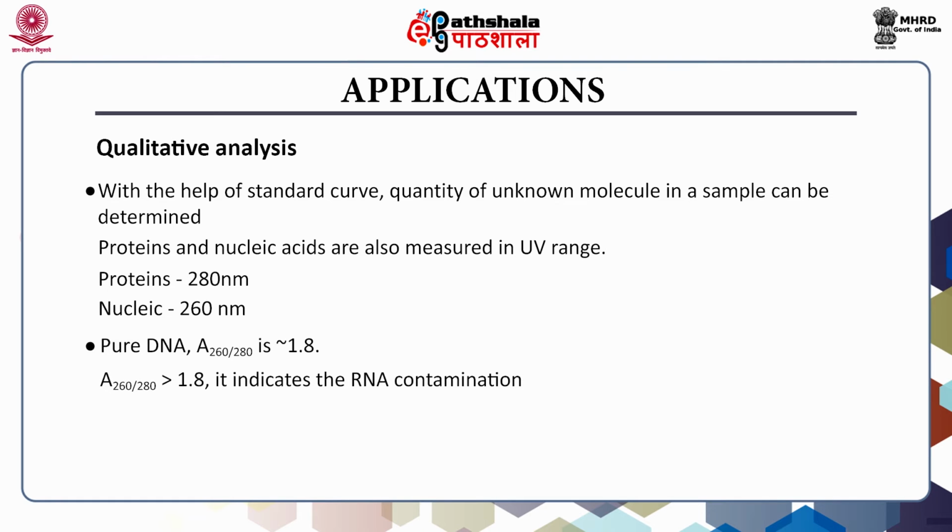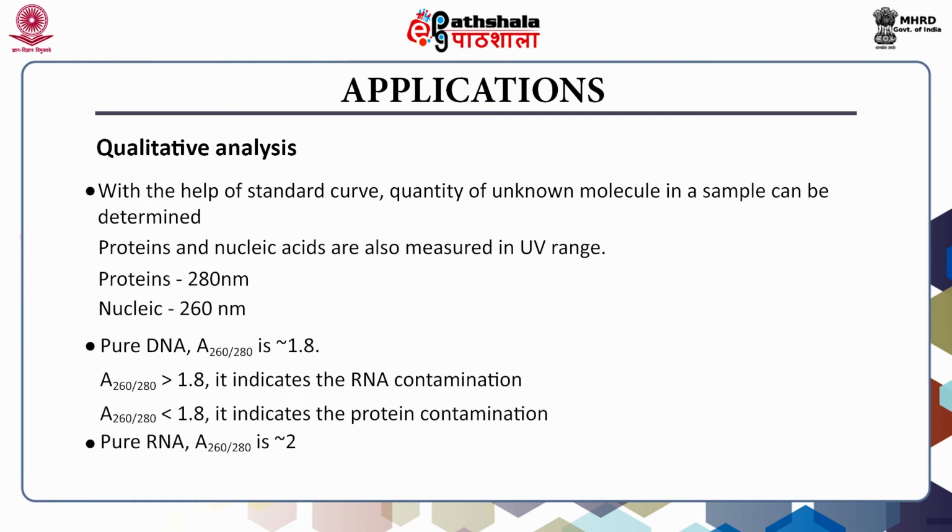If the ratio is more than 1.8, it indicates RNA contamination, and if the ratio is less than 1.8, it indicates protein contamination. For pure RNA, absorbance at 260 by 280 nanometer is approximately 2, and for pure protein, absorbance at 280 by 260 nanometer is approximately 2.